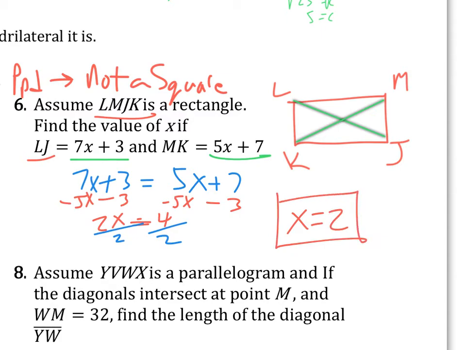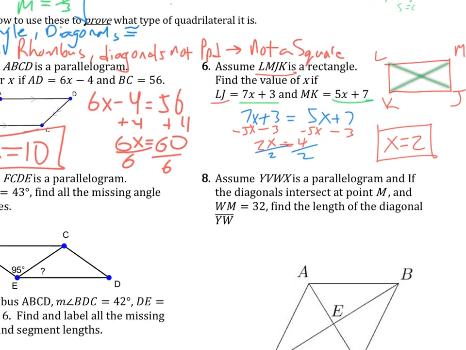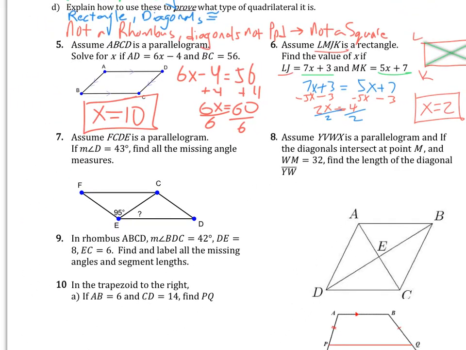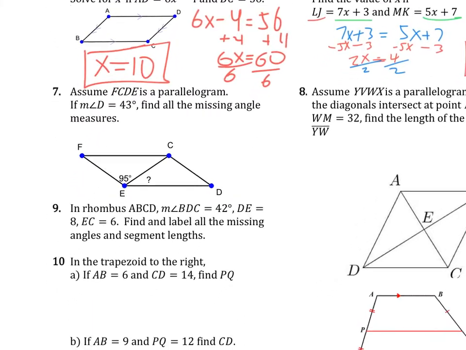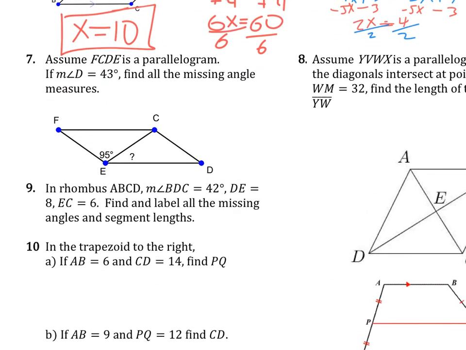Okay, and the directions just asked us to find x, so we're good to go there. Didn't ask us to find the lengths. Okay, double check, make sure. If it asks us to find the lengths of the diagonals, we'd have to plug this back in. All right. Cruising along here, number 7, we assume this is a parallelogram, all right? So, and we know that angle D is 43.